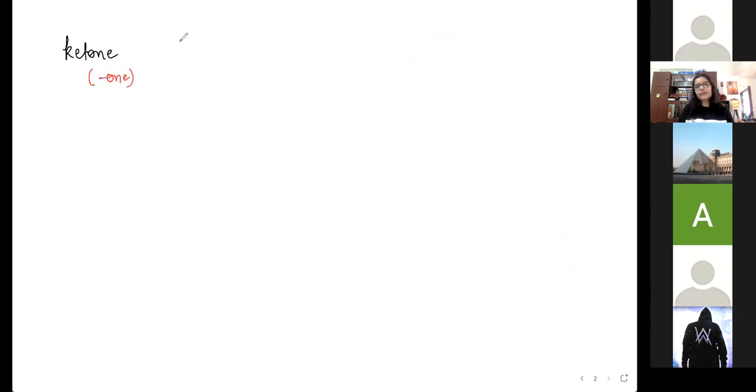But how do you identify a ketone? CO. C double bond O, and then on both sides there should be carbon attached. In short form, it'll be written like this: bond, CO, bond.